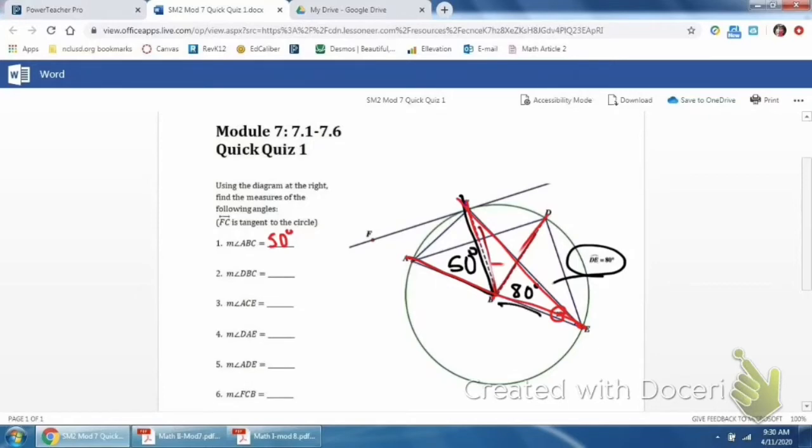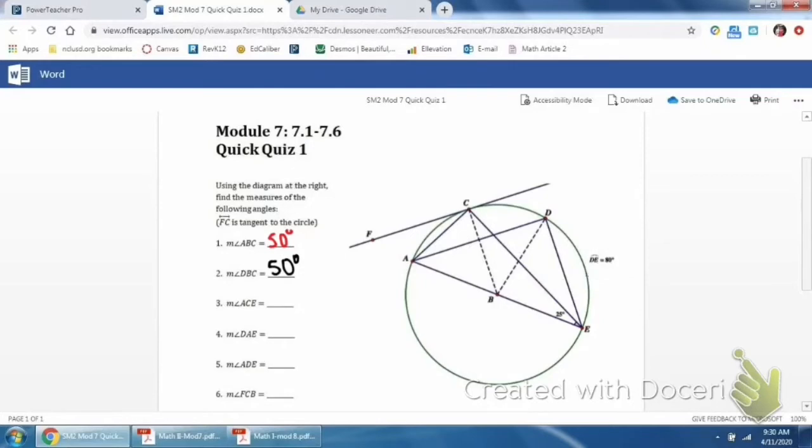So now we have 80, we have 50. What's left to get to 180? Another 50. So that means this one we were just looking for, DBC, is also 50. Same reasoning, but we had to use a lot more of it.